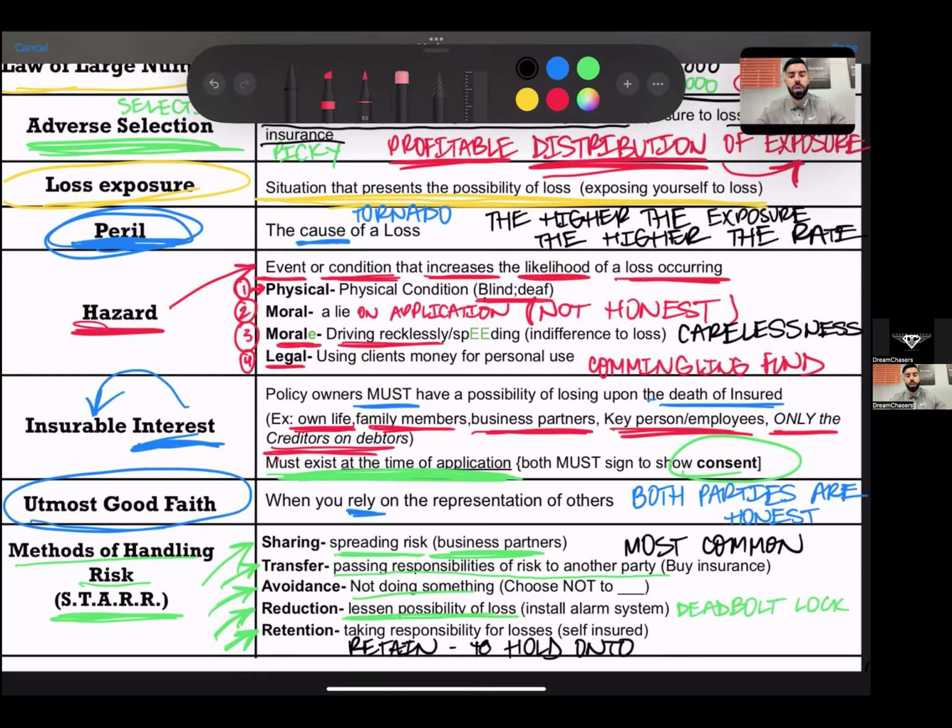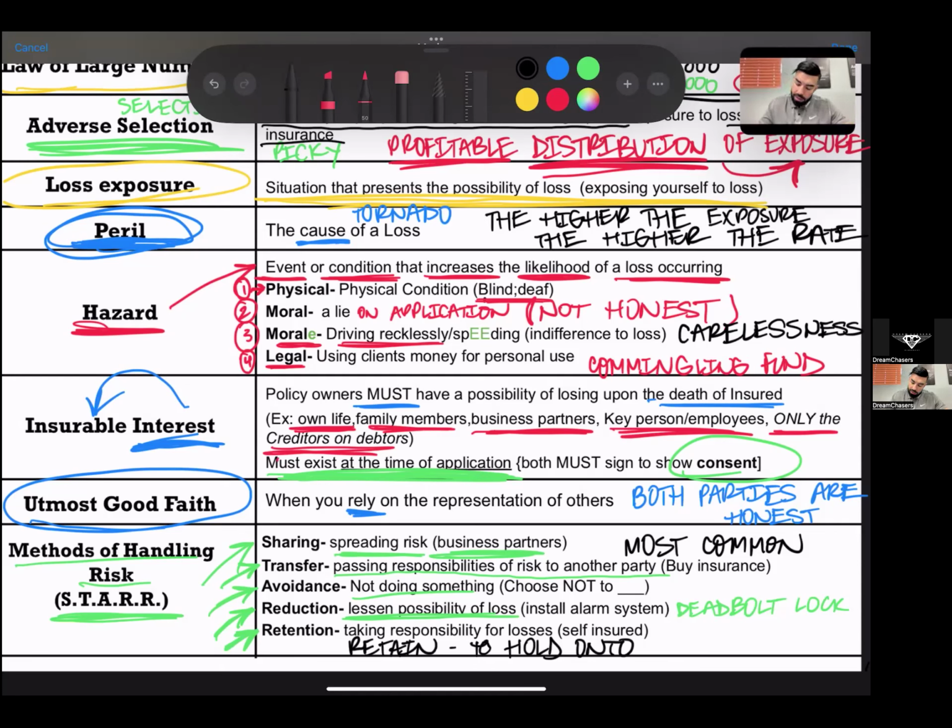So when you're holding on to something, you're holding on to some of the risk. For example, there is a question I've seen that will say, all of the following are examples of risk retention, except. There are going to be three of them stating that you're holding on to some of the risk, and one of them stating that you don't.